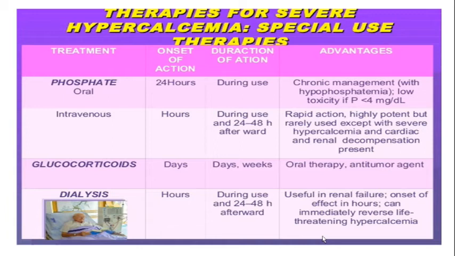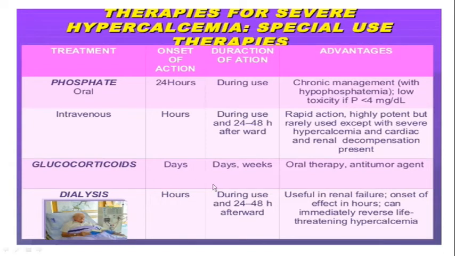But basically, once you institute the calcium binding and the other hypocalcemic therapy, that will take care of the hyperparathyroidism or chronic hypercalcemia. You don't need an oral phosphate addition.